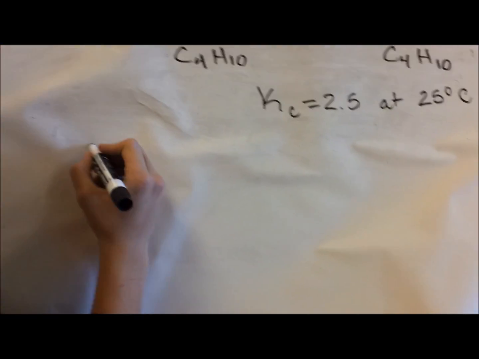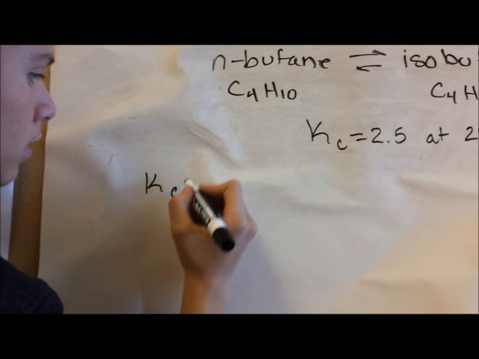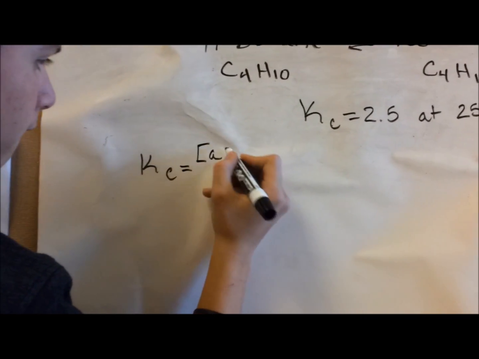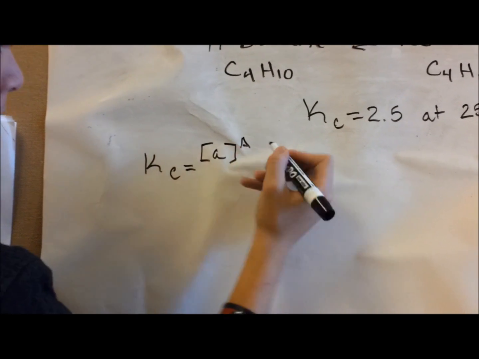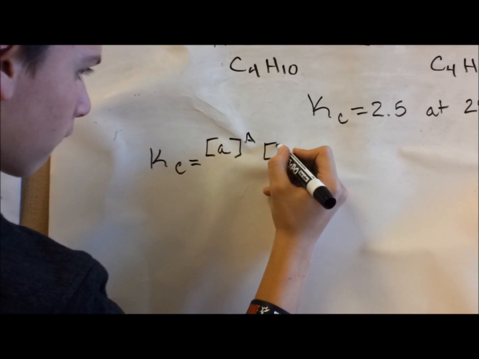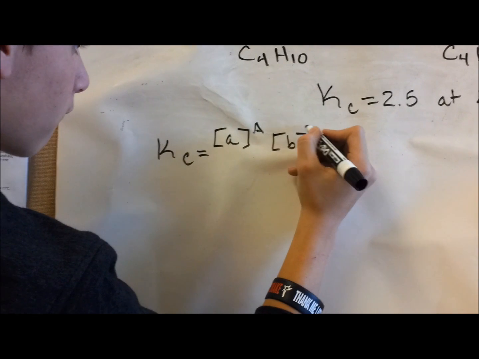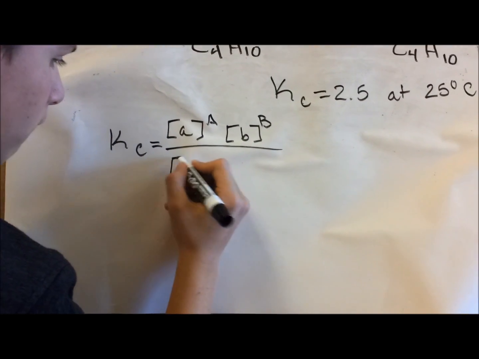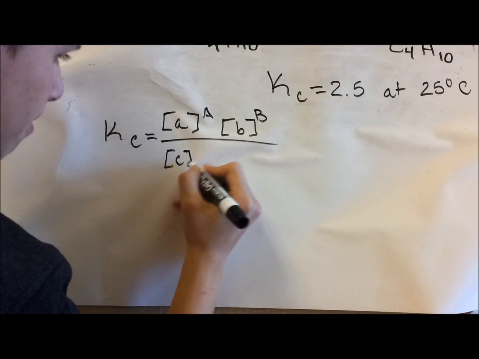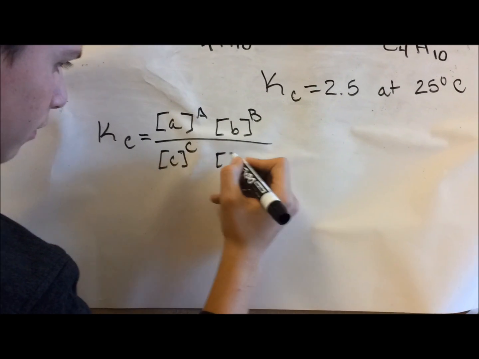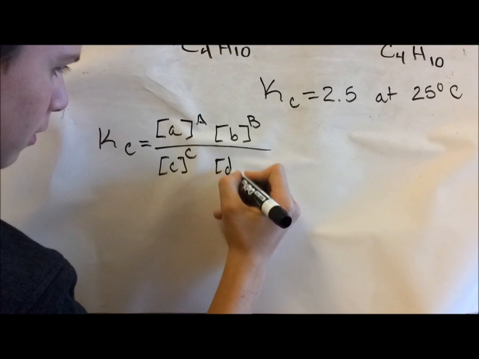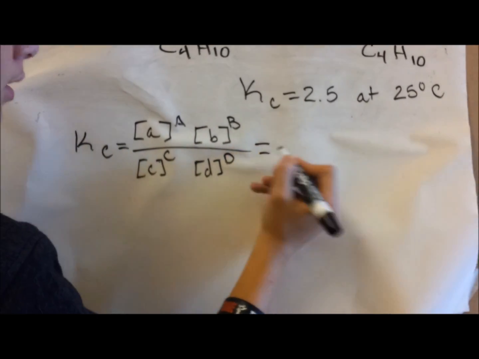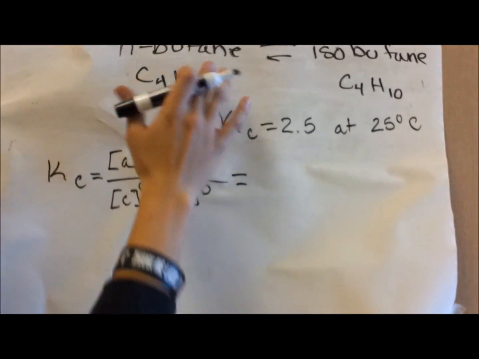So Kc equals the concentration of isobutane over N-butane.